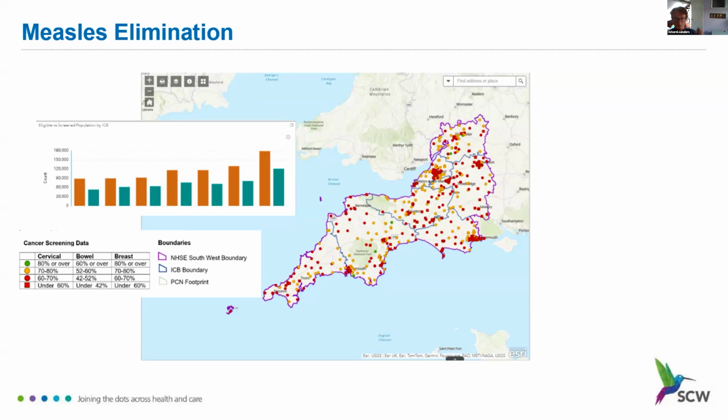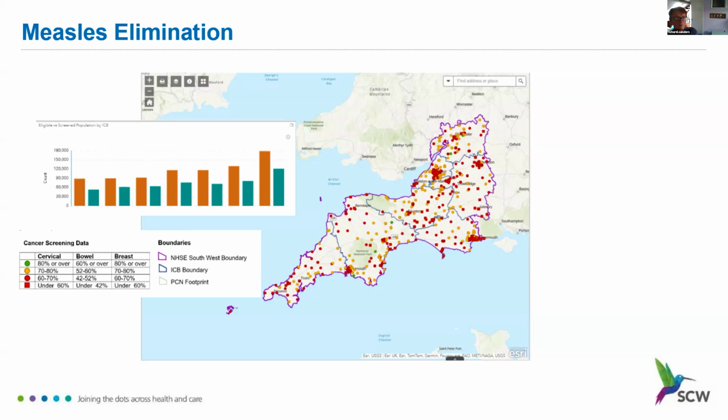Uptake is related to the wider determinants of health. So typically, people in the more deprived areas have worse health outcomes and are less likely to screen. So it's really important that public health teams have a good idea of their screening uptake, and where to target. So all these points are graduated, with green being better, and then into amber and red meaning more attention.